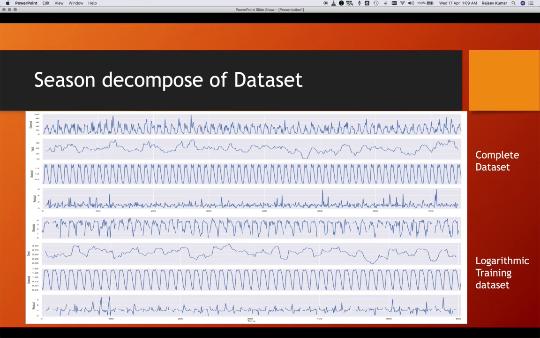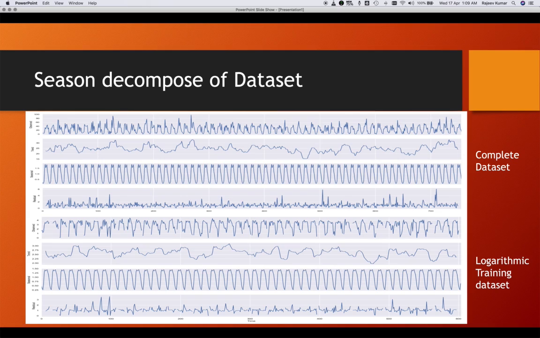In order to proceed further, I have done the seasonal decomposition of the data set, and we found how the data is observed, how the trend is happening, what the seasonal components are, and what the residual is. This is done on different kinds of data sets: first the whole data set, then the logarithmic training data set.